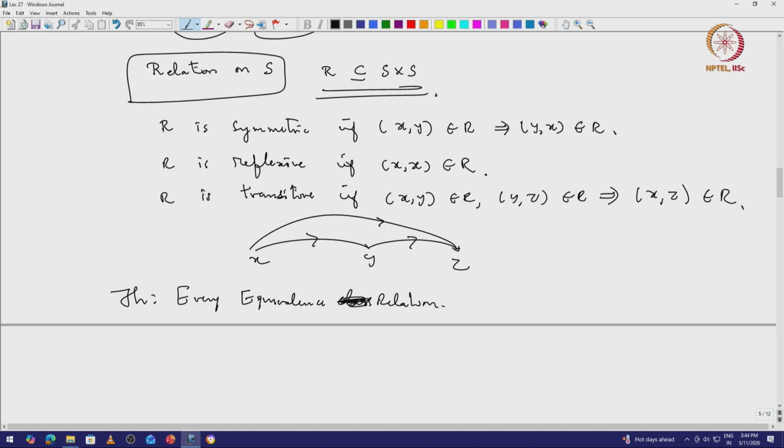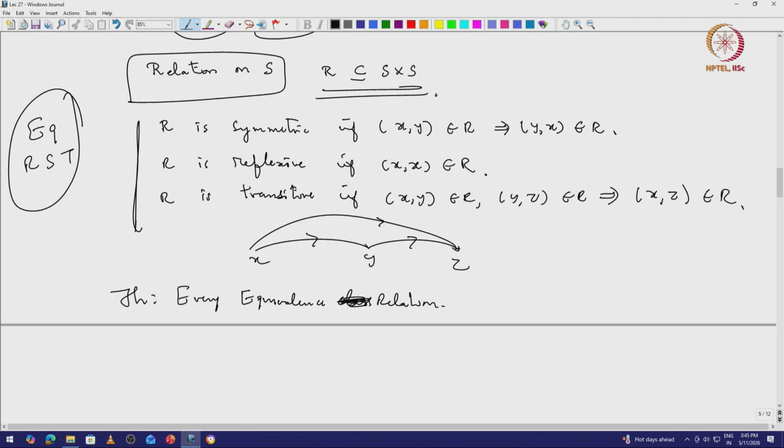What is an equivalence relation? A relation is an equivalence relation if and only if it is reflexive, symmetric and transitive. This is the definition of equivalence relation. When you have all the properties, the relation R is called an equivalence.